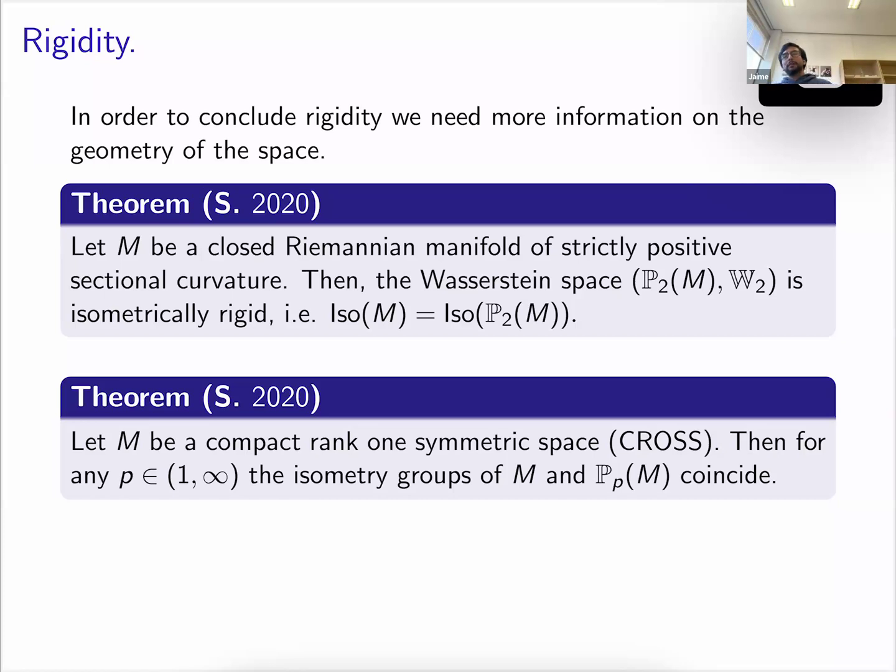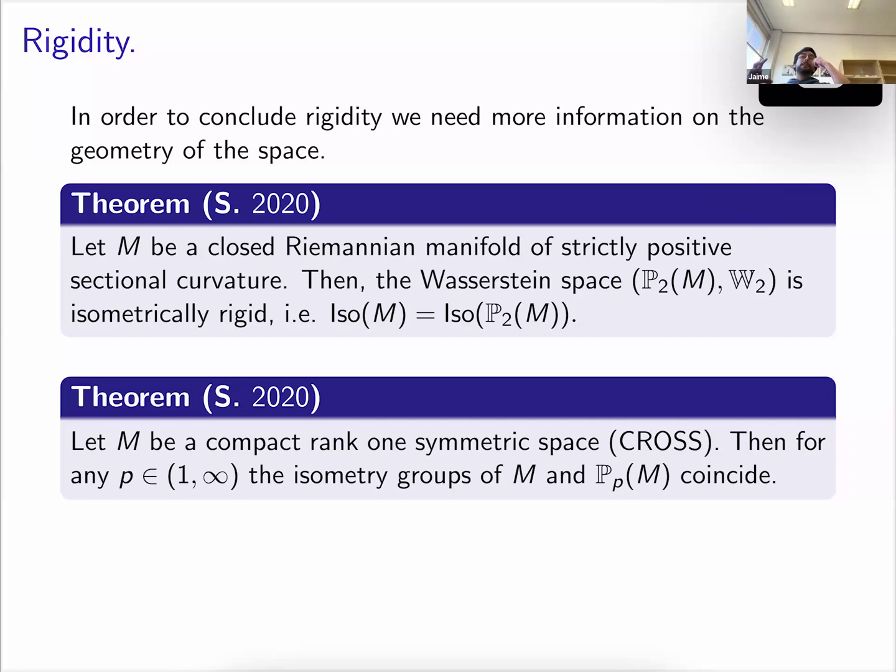And the second one is that if M is a compact rank 1 symmetric space, that is, a sphere, projective space, or quaternionic space with the symmetric distance, then I have the same for every p strictly greater than 1.